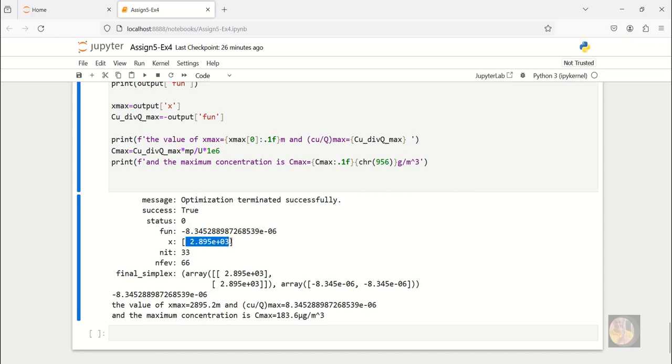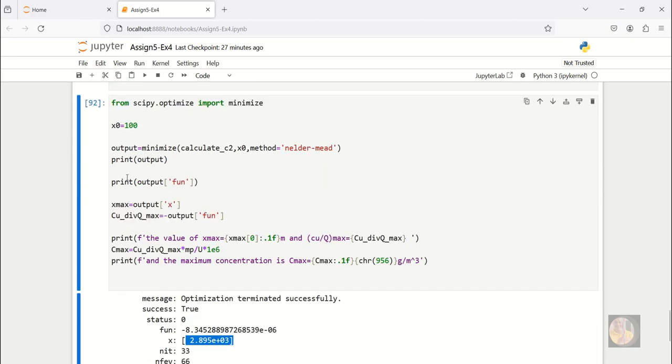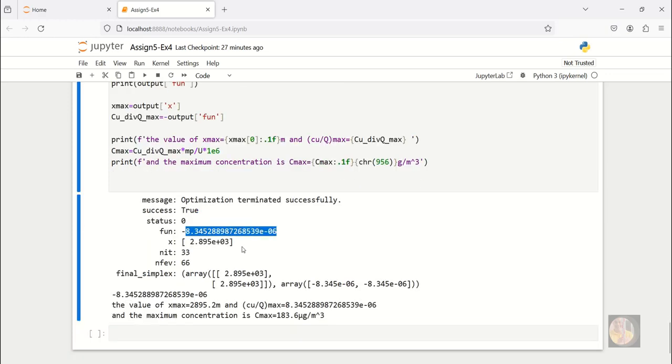The value of the extremum, minimum or maximum, is 2,895, and the number of iterations to converge is equal to 33, and then this is the final simplex of your calculations. So this means that if I would like to grab x from this output, for the output of the function you will have this value, and to get x, you should write like this.